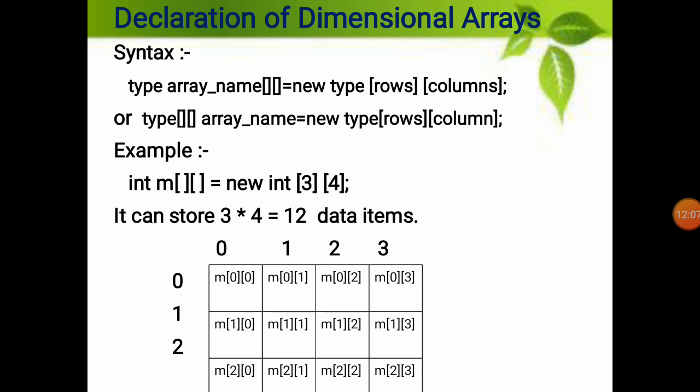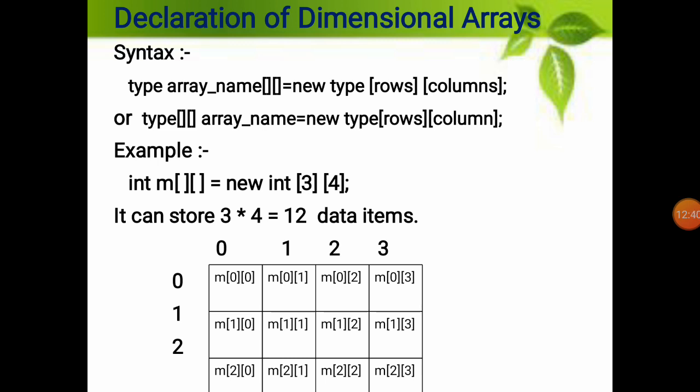For example, int m[][] is equal to new int[3][4]. Here 3 is the number of rows and 4 is the number of columns in the double dimension array. So it means the double dimension array m consists of 3 rows and 4 columns. Therefore, it can store 3 into 4, 12 data items.